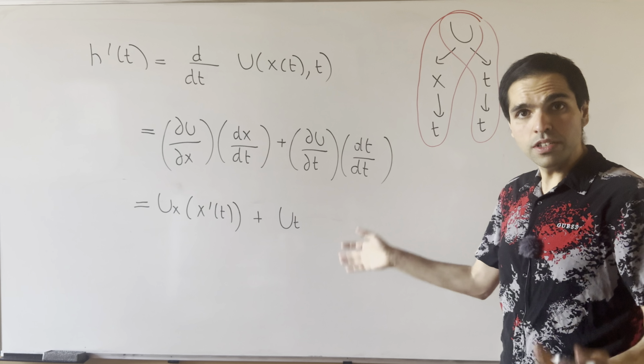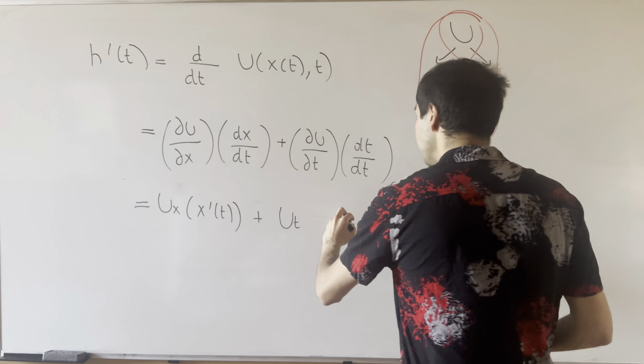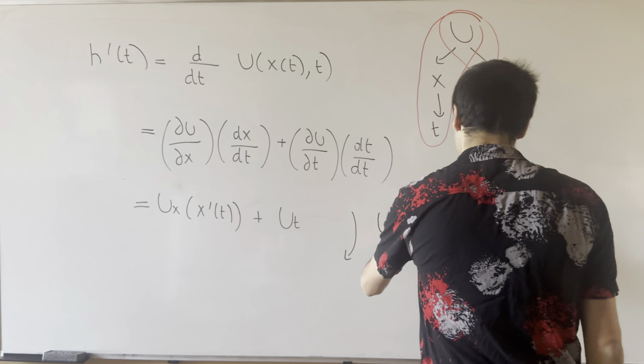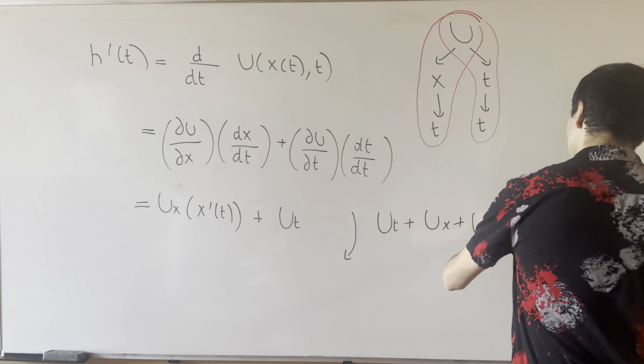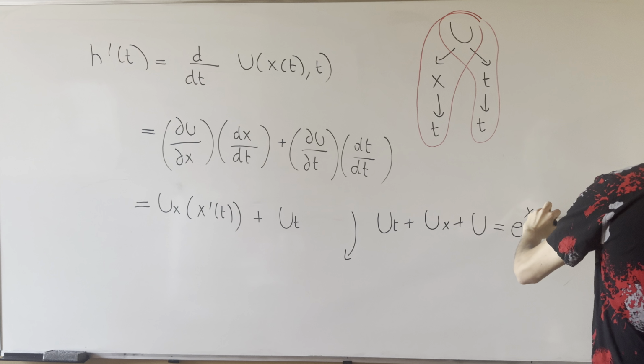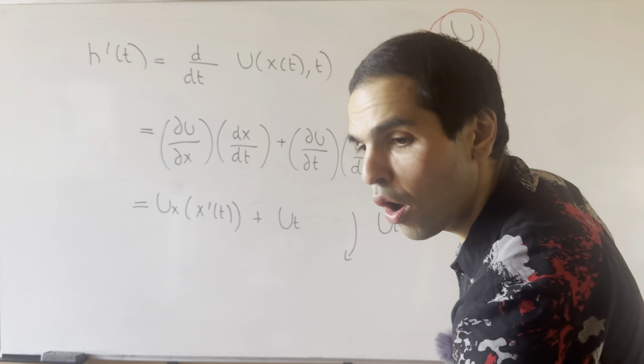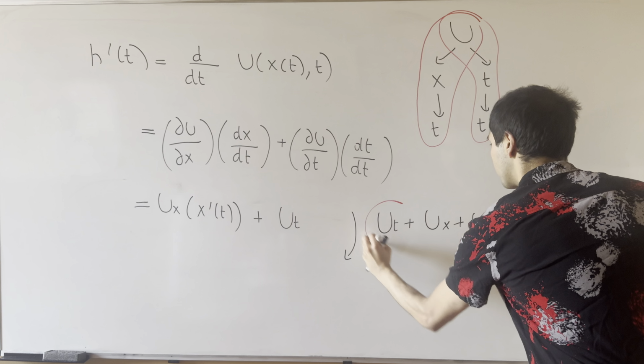And here is precisely where we want to use the PDE. Because remember, our PDE was u_t + u_x + u = e^(x+2t). And in particular, we can solve for u_t here.